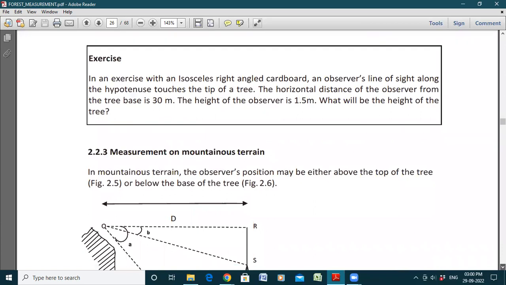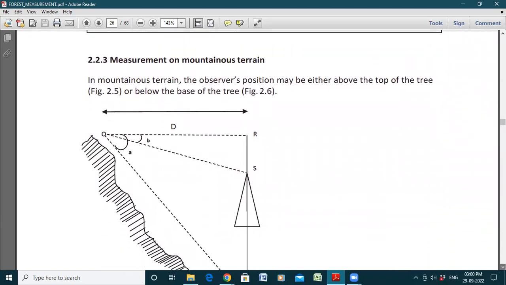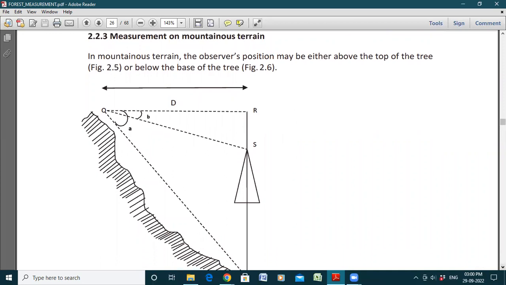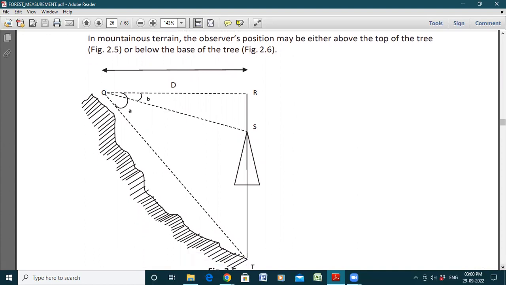Now, measurement on mountainous terrain. Measurement on ground level, we have just calculated. Now, what happens in the case of measurement on mountainous terrain? In mountainous terrain, the observer's position may be either above the top of the tree or below the base of the tree, right?